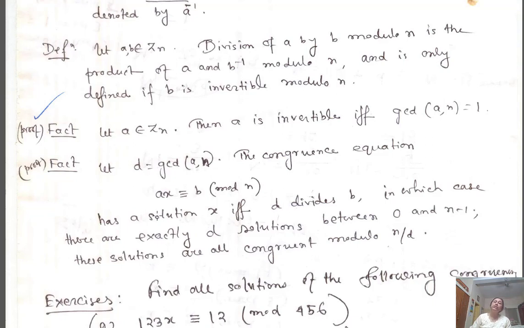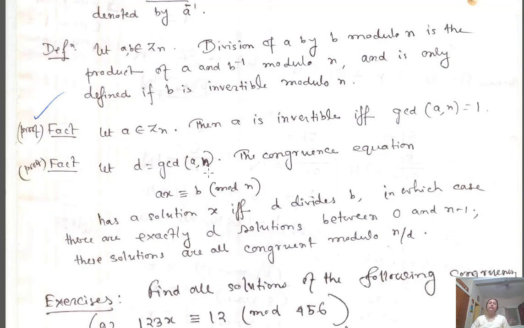And how many solutions will we have? In case D divides B, we will have D many solutions. So this congruence equation has no solution if D does not divide B. And in case D divides B, it has exactly D solutions.